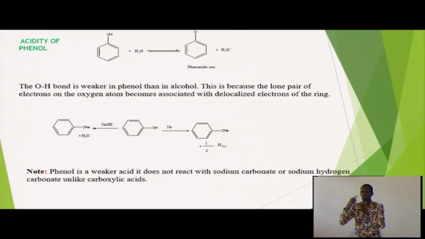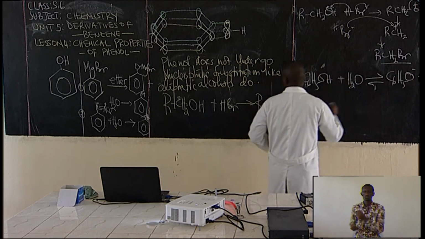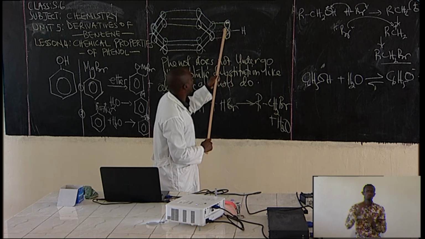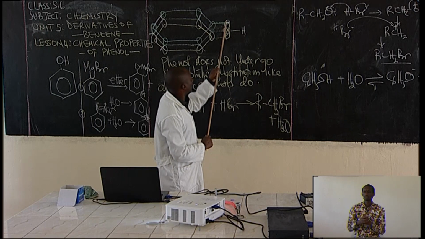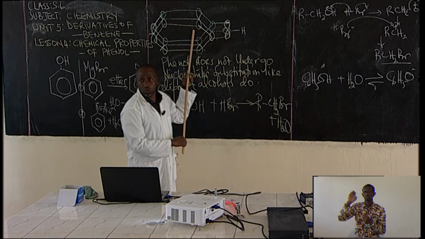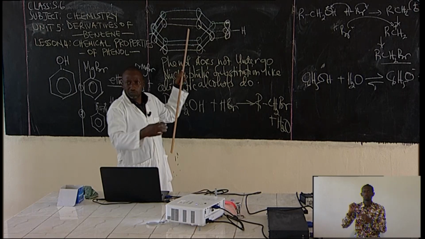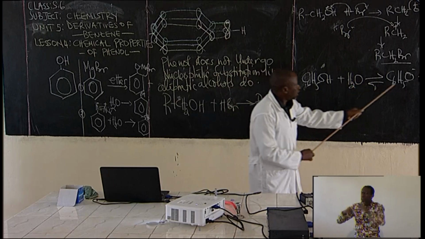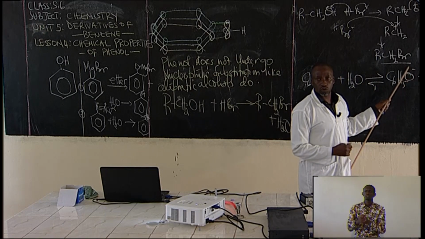If this negative charge is formed on this oxygen, and we have said this oxygen has orbitals here, it will also be entering into the benzene ring. If it enters into the benzene ring, there is a high possibility that this negative charge is not available at a certain time in the solution.